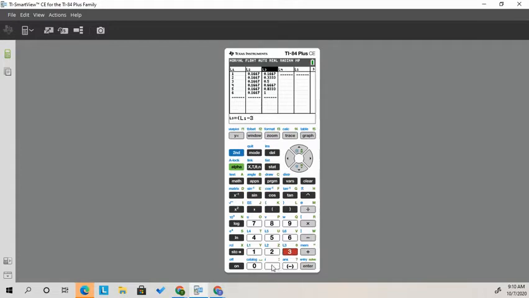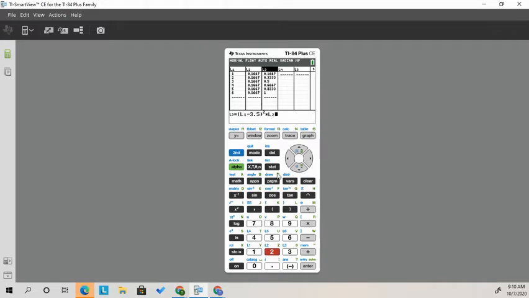It was 3.5, parenthesis, squared, times L2. So make sure you're at the top, and type in parenthesis L1 minus the mean, squared, times list 2.